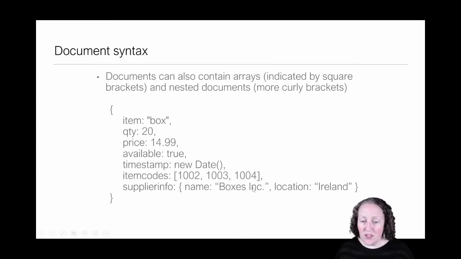So our documents can have a nested structure to them, and it can get even more complicated than this. You could have an array of subdocuments, and subdocuments that also have some arrays within those as well. So it allows us to have a more complex document structure than we might have in a relational database.